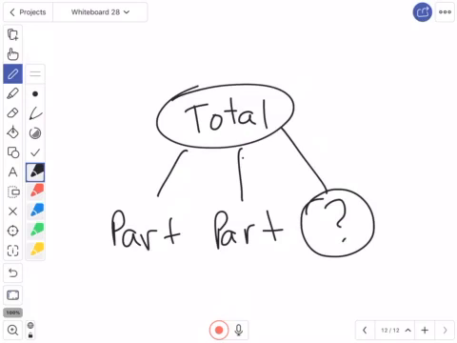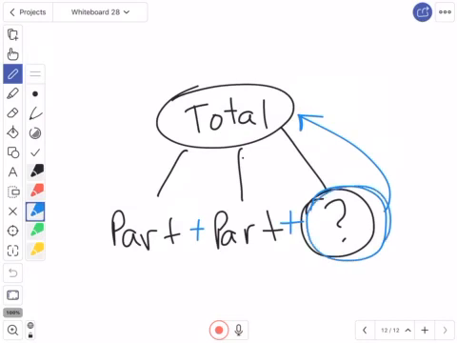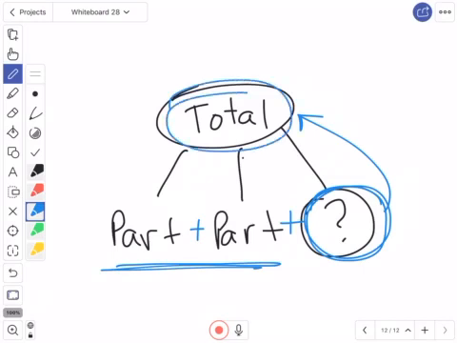Now, one way to think about this is you can do a part plus a part plus a part equals a total, but if you're missing one of those pieces, you are going to have to do something with these 2 parts. If I can't do a part plus a part plus a part to get my total, the reverse opposite of addition is subtraction. So I'm going to use my total and the parts that I know to help me with that answer.